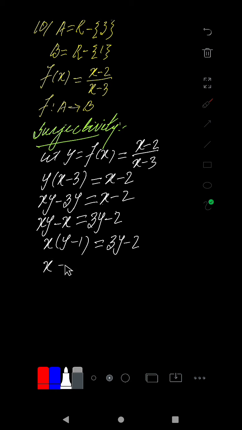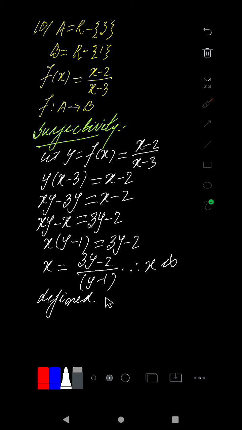So we get x is equal to (3y minus 2) upon (y minus 1). Clearly, x is defined for all the values of y except y is equal to 1. So x is defined for all y belongs to R minus {1}.